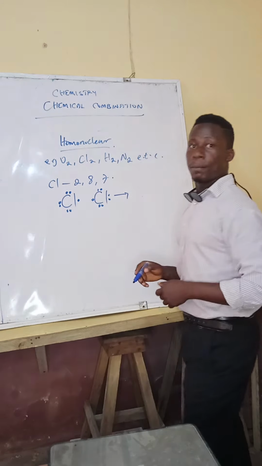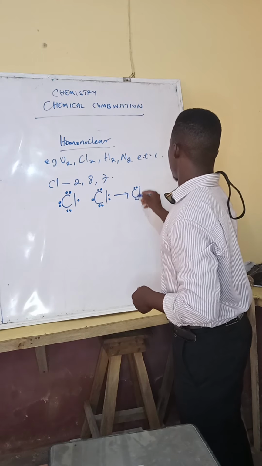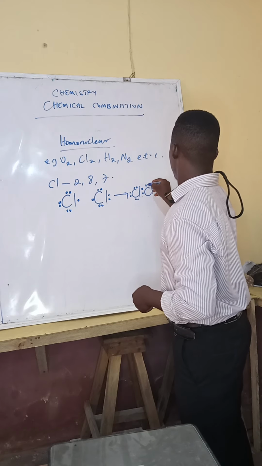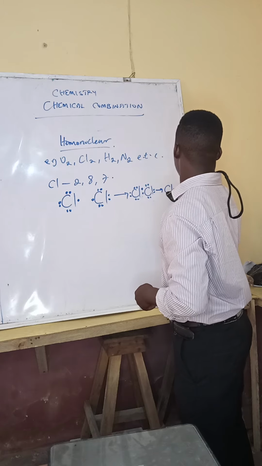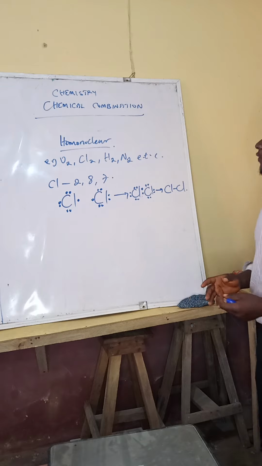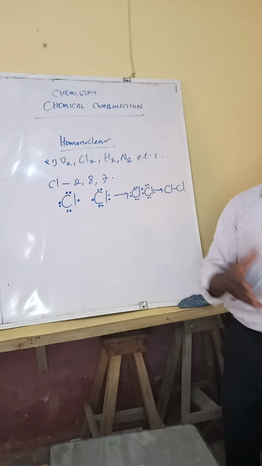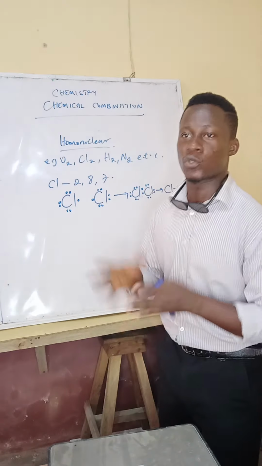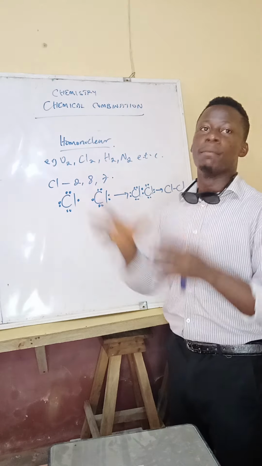Now when they combine together, it forms something like this. Then it forms a single covalent bond. So in a typical chlorine molecule, you have two chlorine atoms combining together to form a single covalent bond.